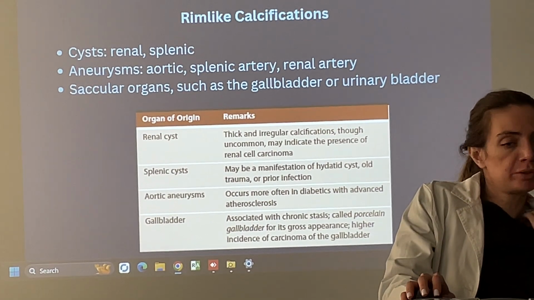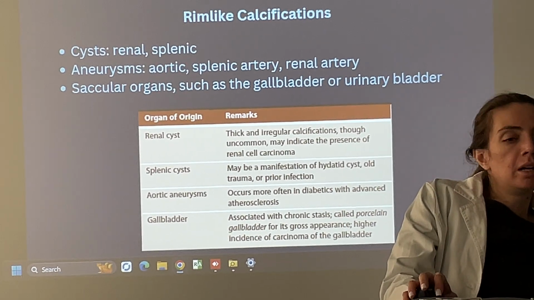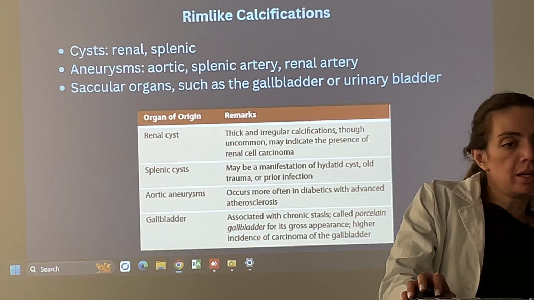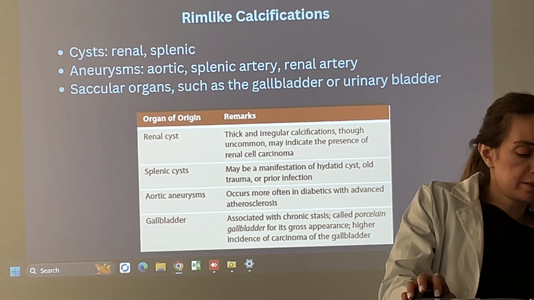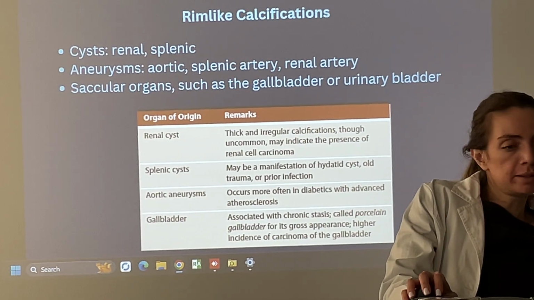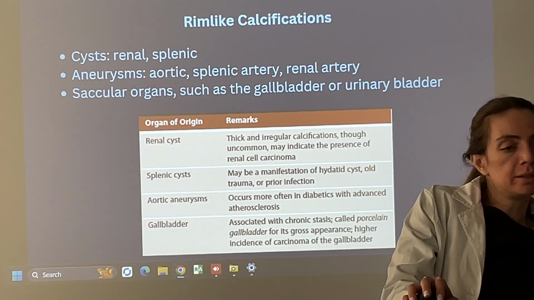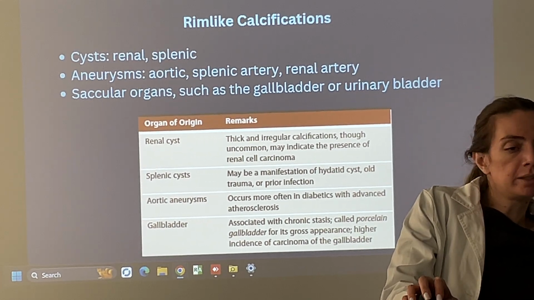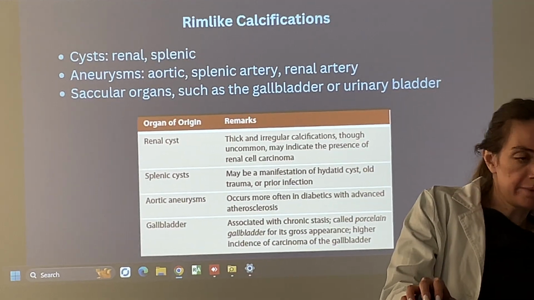Examples of structures that manifest rim-like calcifications include cysts. Calcification in any one of these is relatively uncommon. Then we have renal cysts, splenic cysts, and extra-abdominal sites such as mediastinal cysts, pericardial and bronchial cysts, and calcification in the cysts is very uncommon.